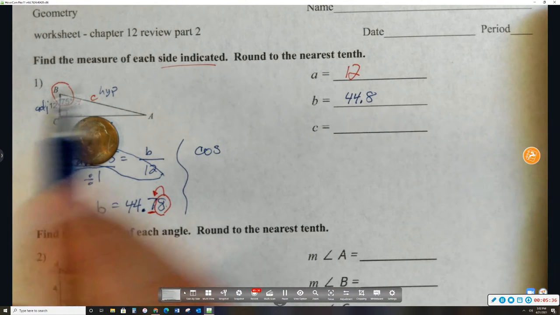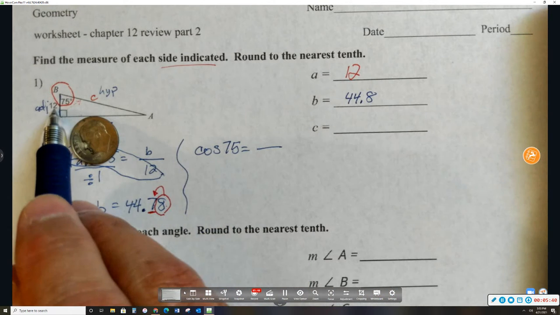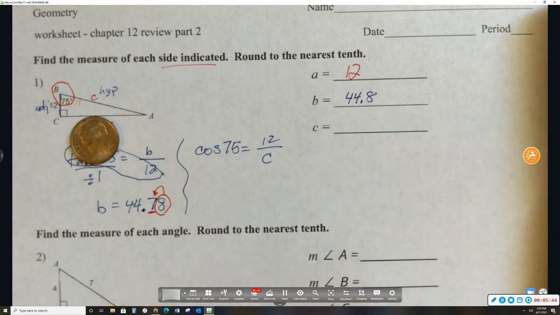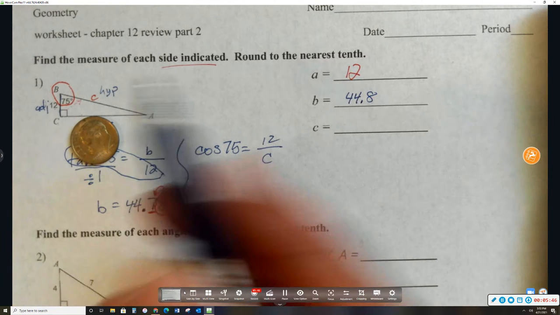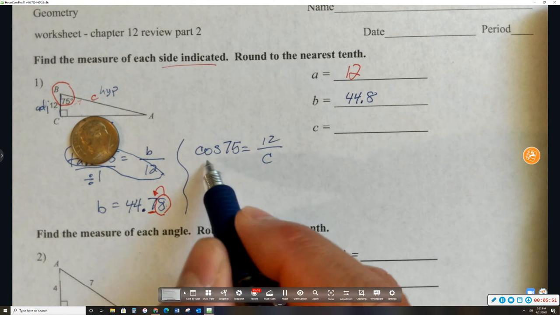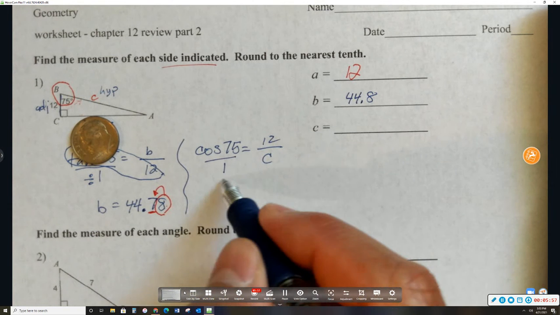Cosine of this angle, which is 75 degrees, is equal to the adjacent side divided by the hypotenuse. Adjacent is 12, hypotenuse is C. Again, just because C is on the bottom does not make this any more difficult to solve. All we need to do is make it look like a proportion by putting a 1 under it.